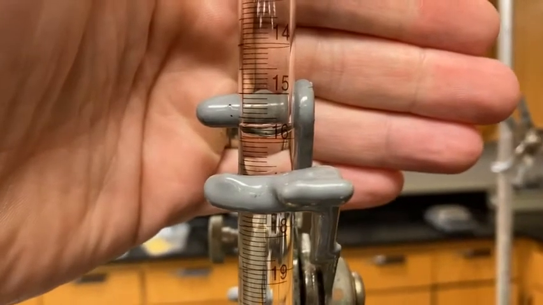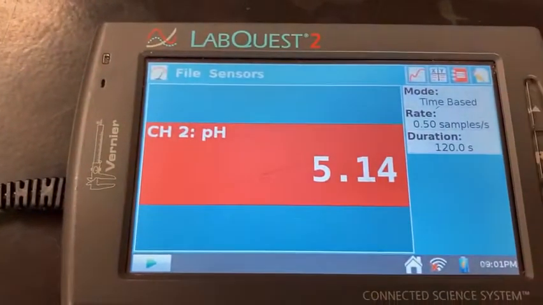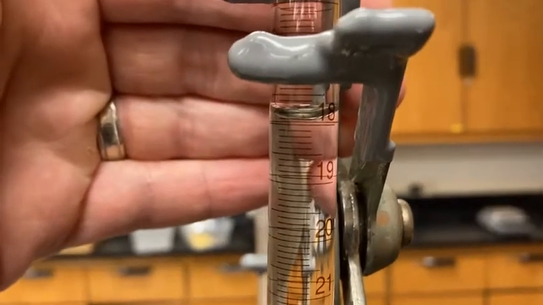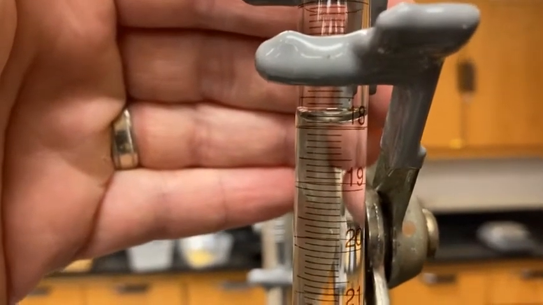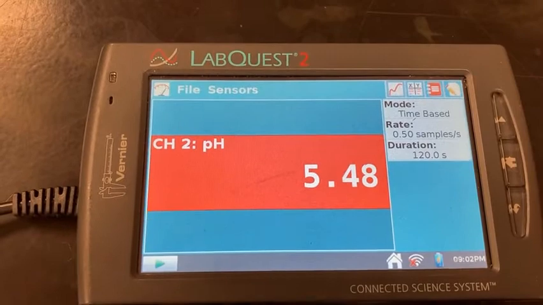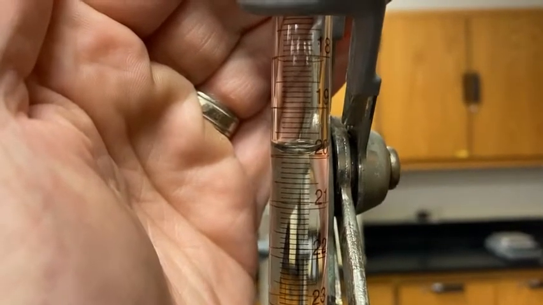See if I can get right in there. Next addition. pH as a result. Addition. There's our pH. Try to get it right in there. Our next addition.